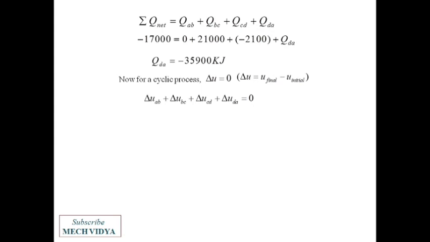Now individually we can substitute the values of del U AB, BC, CD. Only DA will be unknown and we have to find out the value of del U DA. So it is coming around 17770 kilojoule. So two things we have found out, QDA and del U DA. Now the last thing left is the work done during this process.